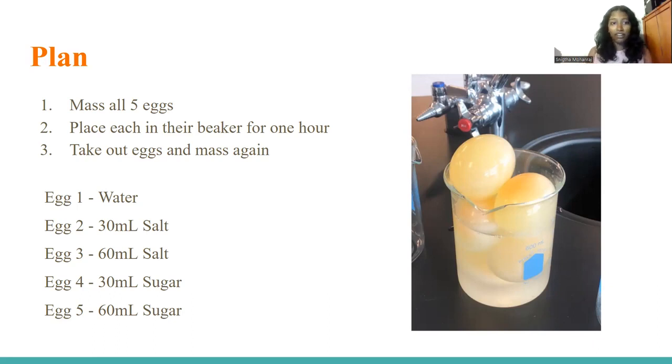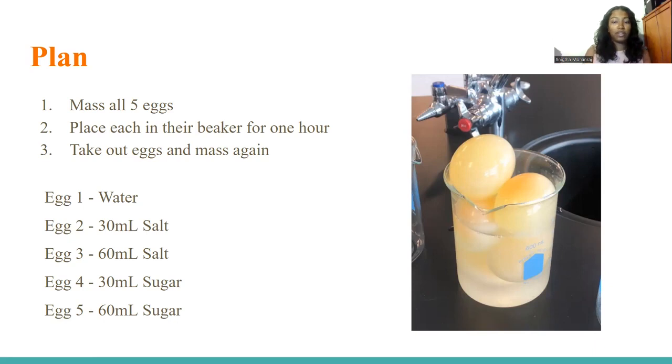But just to simplify it down so that you can take your own spin to this experiment and just use this as a basic guide, we just massed all of the 5 eggs so that we knew what they initially started with, and we placed each of them in their beaker for 1 hour. We'll go into those beakers after. And then we took out the eggs and massed them again to see how much they changed. Basically, by measuring the masses, we could see if a lot of water went through into the egg or a lot of water left the egg.